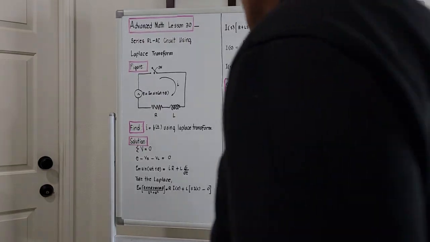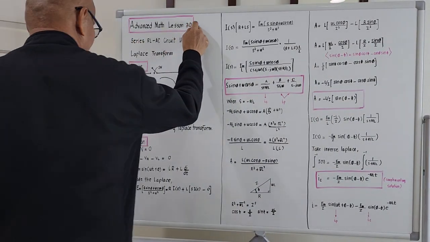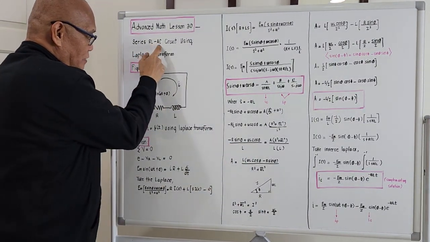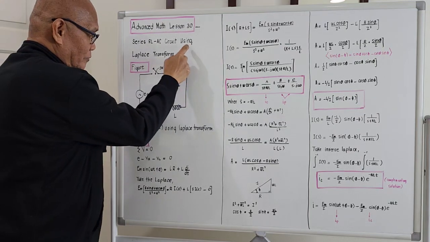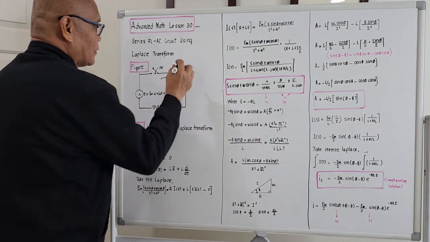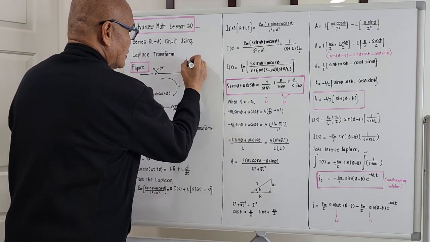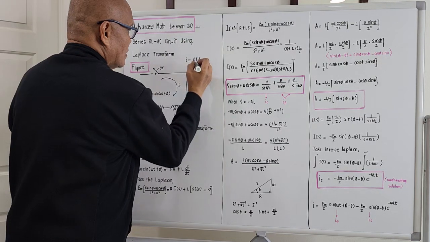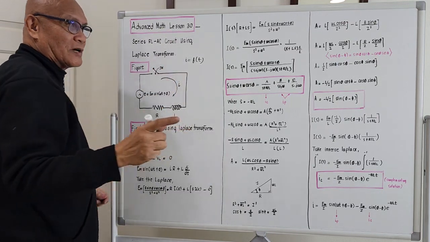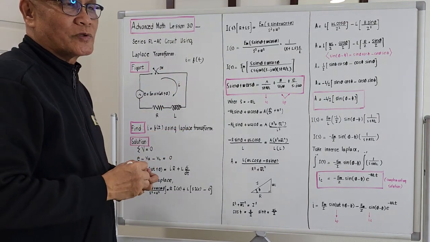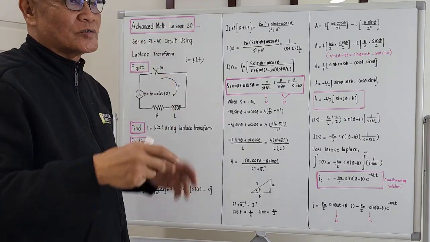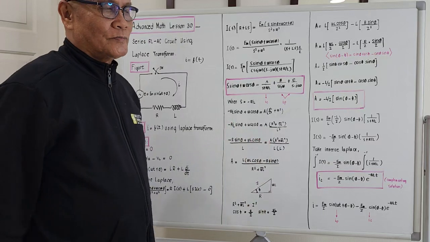My lesson for this morning will be Advanced Math, lesson number 30: series RL AC circuit, with the solution by using Laplace transform. Meaning, we are to solve for current as a function of time by using Laplace transform. Last time, we already solved this problem, but by the so-called classical solution, that is, the differential equation.